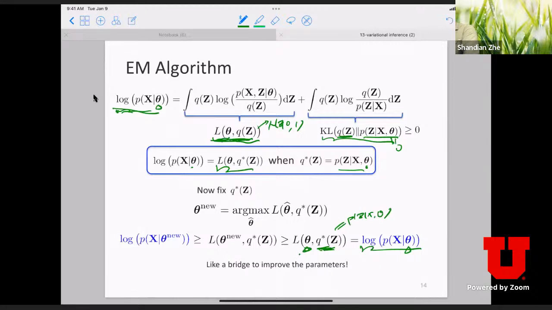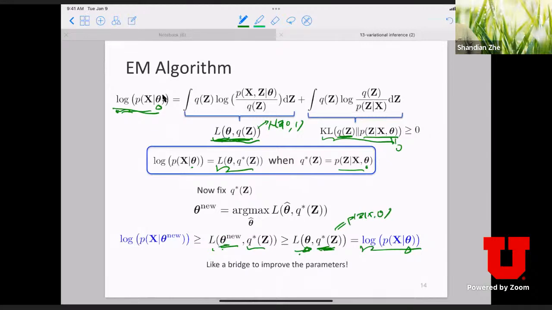So imagine that we get a new theta, called theta new, with the old Q(z), which is Q*(z). We know that this lower bound L taking the value theta new will be bigger than L taking theta.